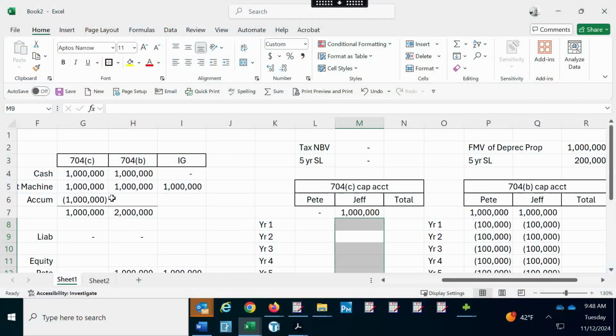So, Brett, what is my fair value depreciation? 200,000. And allocated to Pete and Jeff, 100 each. So how much depreciation do we owe Jeff? Fair value? Yep. 100. How much tax depreciation do we owe him? 0. No. How much do we owe him? What is a guidepost?